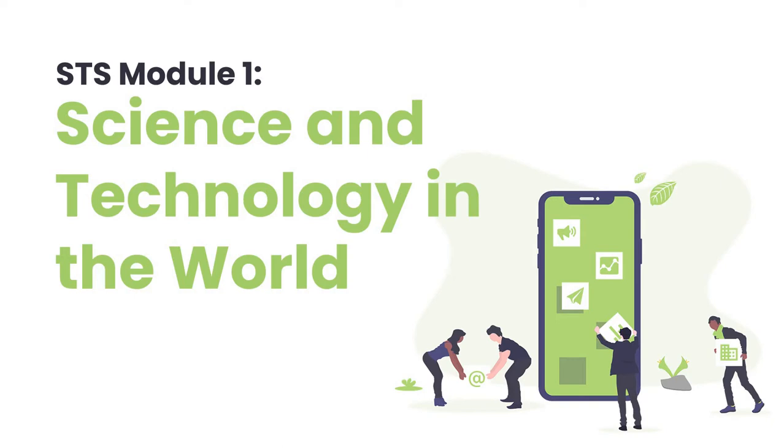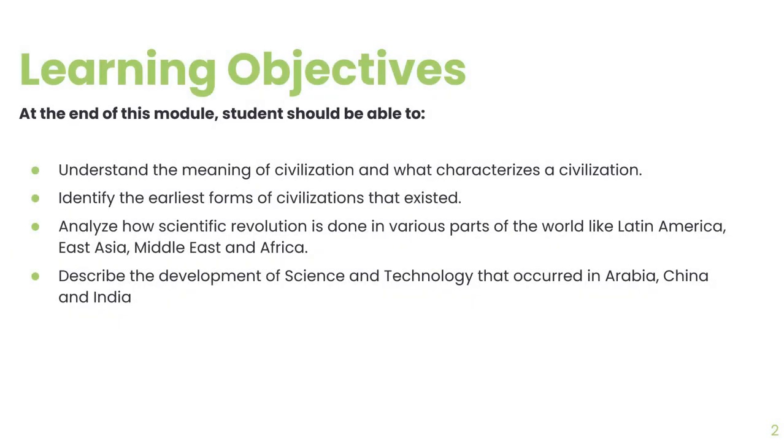Let us discuss the first module of our subject. It is entitled Science and Technology in the World. At the end of this module, you should be able to understand the meaning of civilization and what characterizes a civilization. So what are the features? What qualifies a civilization?